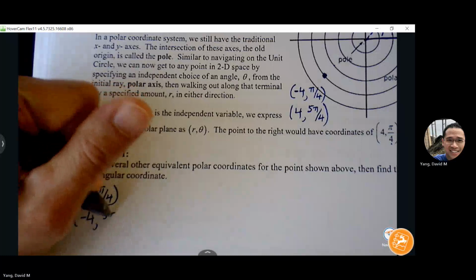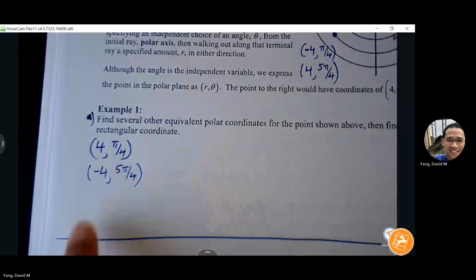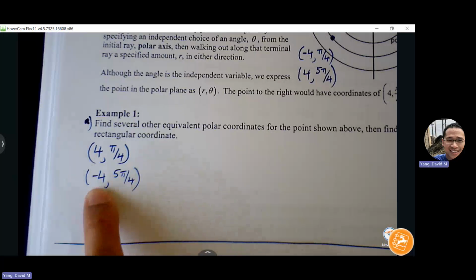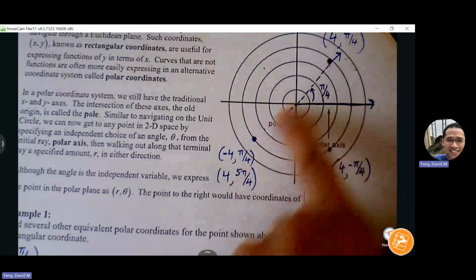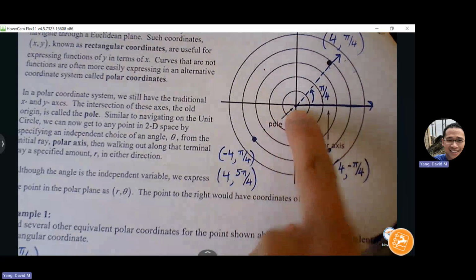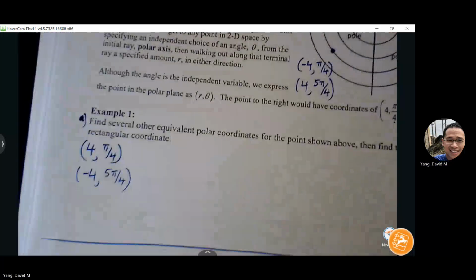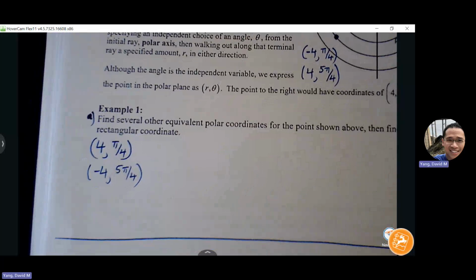So the 5pi/4 will be in the third quadrant, but -4 will tell us to walk away from the third quadrant. So we have that angle established, and we'll walk away from the third quadrant. So (-4, 5pi/4) is also equivalent.